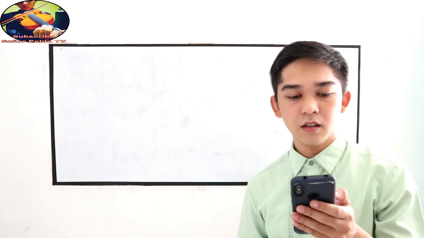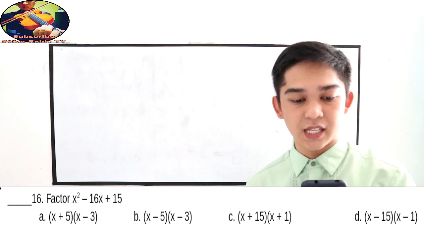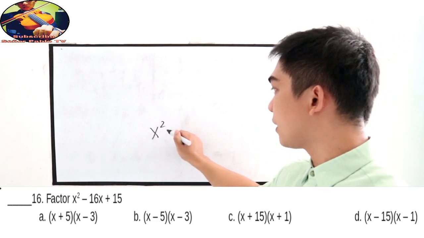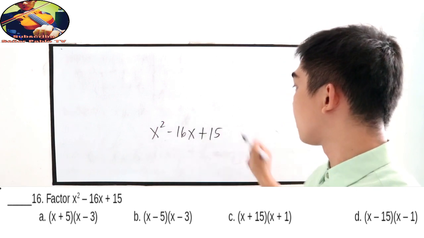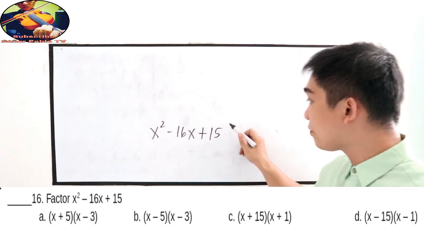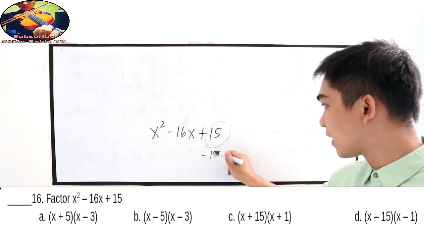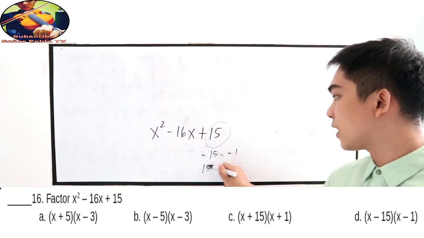Number 16, factor x squared minus 16x plus 15. X squared minus 16x plus 15. So, kunin natin yung factors ni 15. That is negative 15 times negative 1 or 15 times 1.